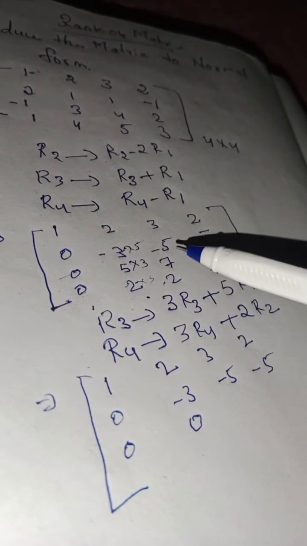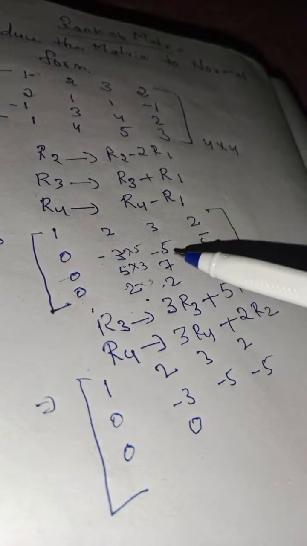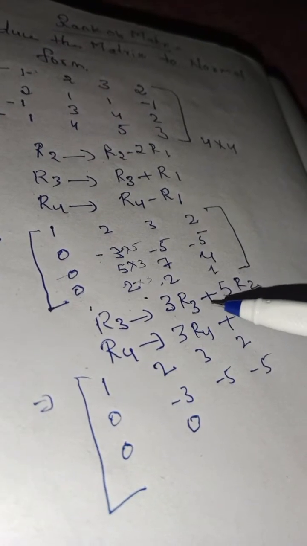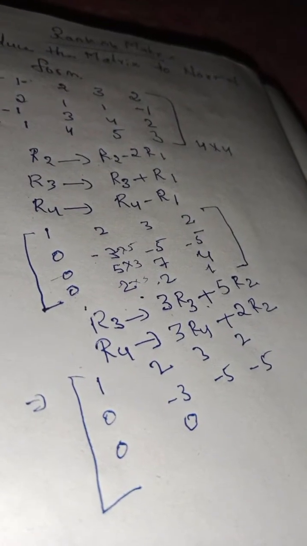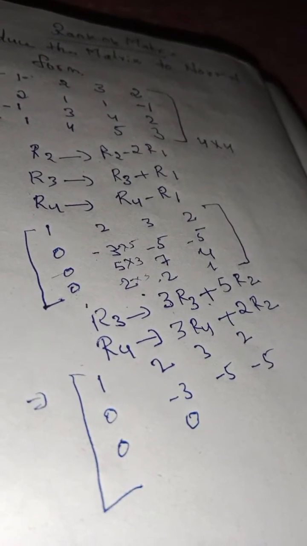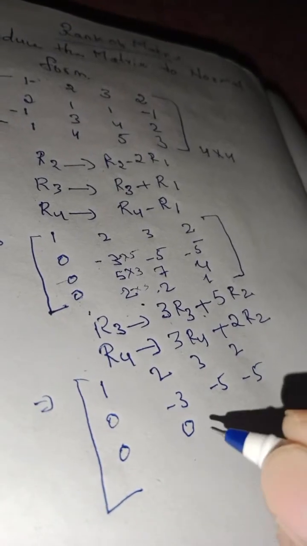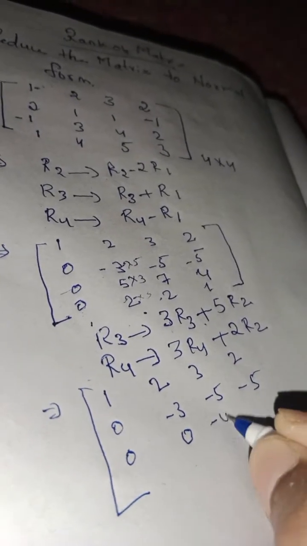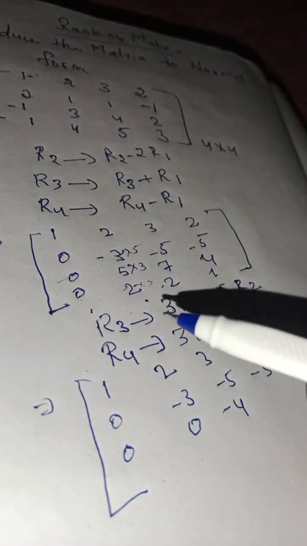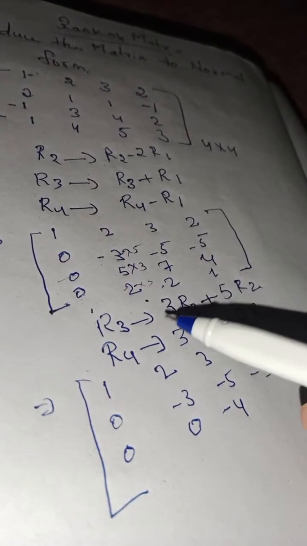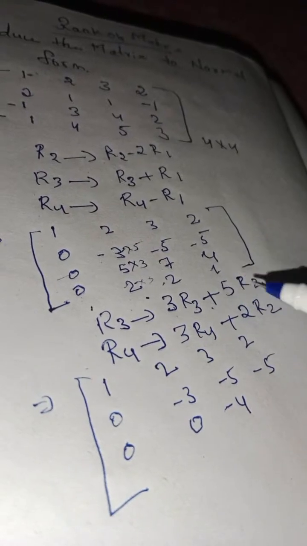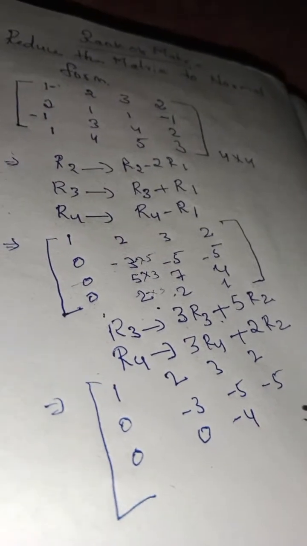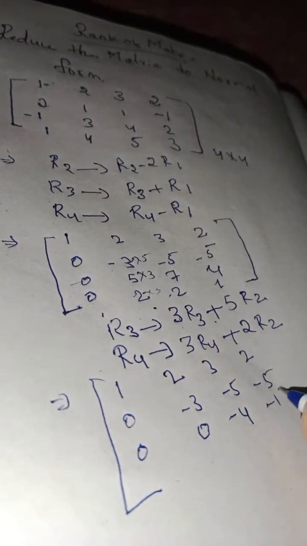So what is here? 7. 7 3s are 21 minus 5 5s are 25. So 21 minus 25 is minus 4. Next 3R3. That is 3 4s are 12. 12 minus 5 5s are 25. 12 minus 25 is minus 13.